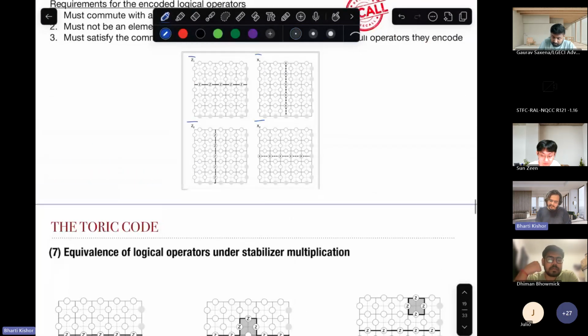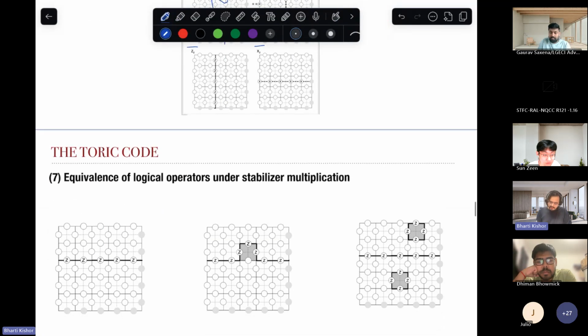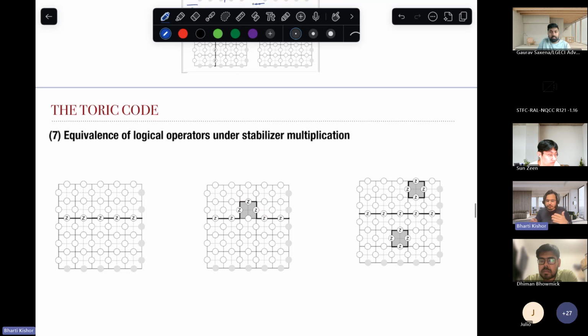And I said here that you can have more complicated operators also. Like you could have, for example, something like this. Actually, what you can think of is that I have one operator and I have another operator. I can multiply them and I can get this kind of operator. And why we have this equivalent set of logical operators here is because, as I said, whenever you have an operator L which is a logical operator, and you have a stabilizer Sj, then L times Sj is also the same logical operator.